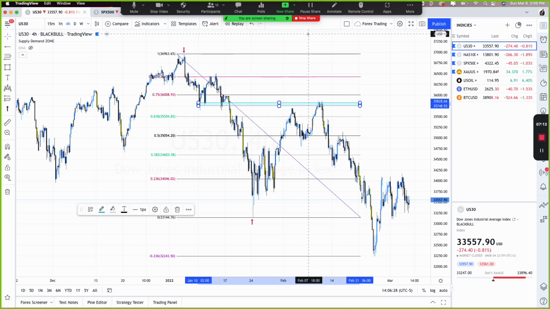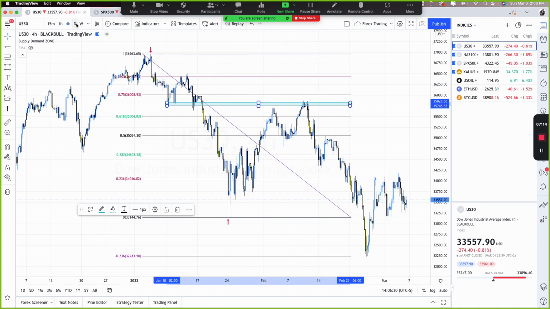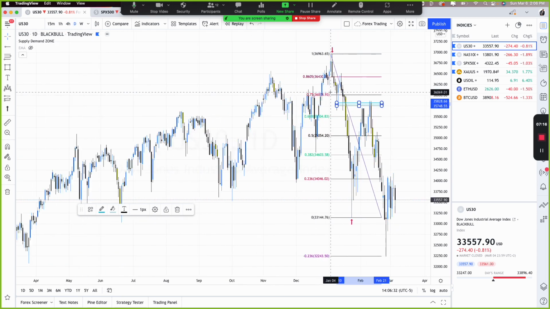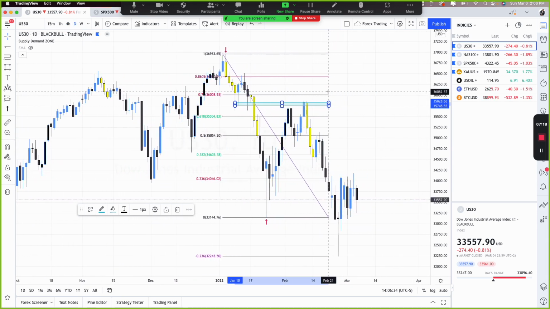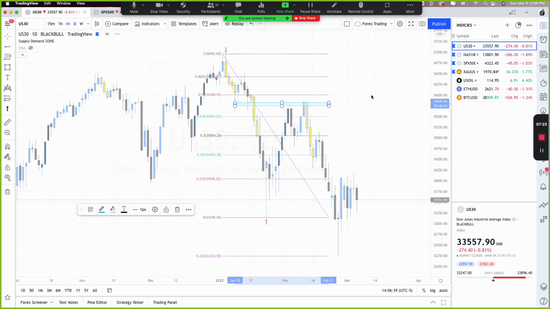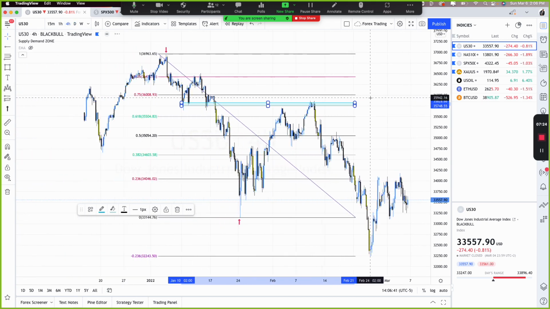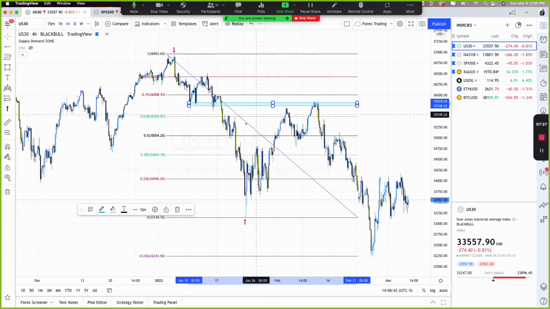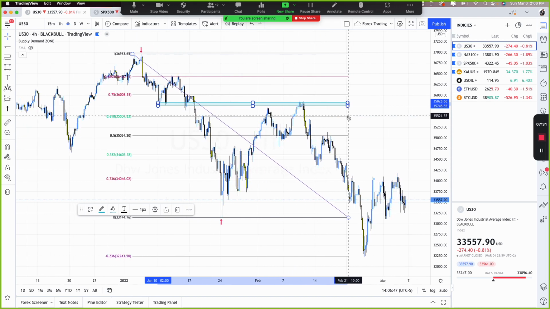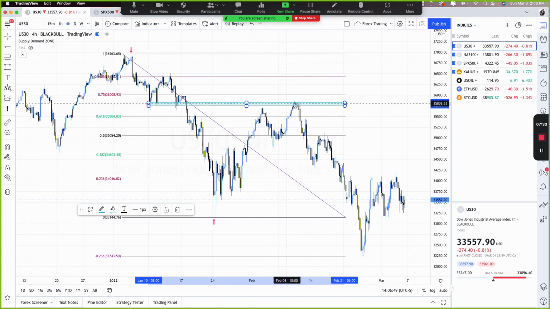Now, watch this. Do I want to do it here on the daily? No, we good. Let's stay on the 4 hour. All right. So, there's my new swing. We went from this point, so we had a lower high, we made a low.